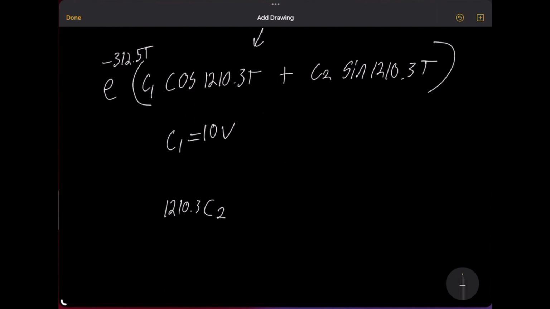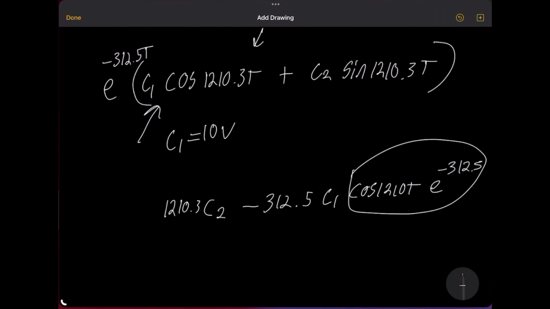Let me think of the derivative over here. Yeah, it's going to be minus 312.5 C1 cosine 1210.3 t e to the negative 312.5 t. So this is all going to disappear, and we need to find this value.